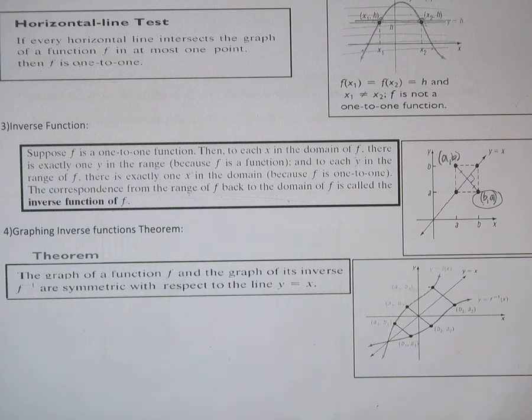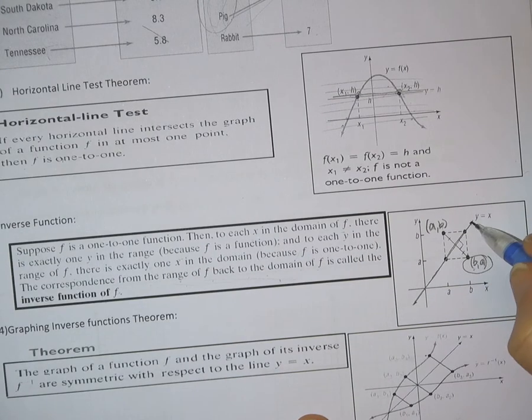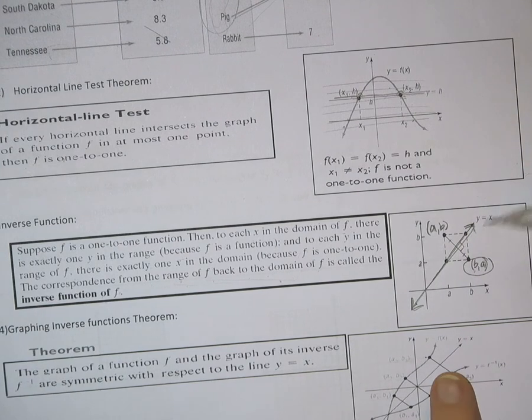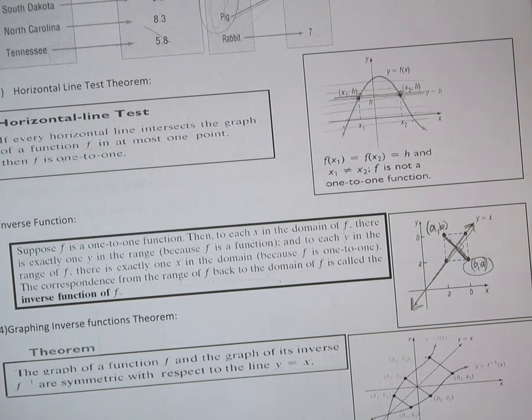So a graph and the graph of its inverse should be symmetric across the line y equals x. And if we see up here in this example, right here, I can see that if I were to reflect this point, A, B and B, A, across this line y equals x, they would be the same distance away.